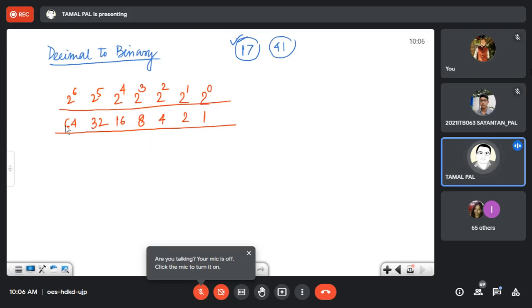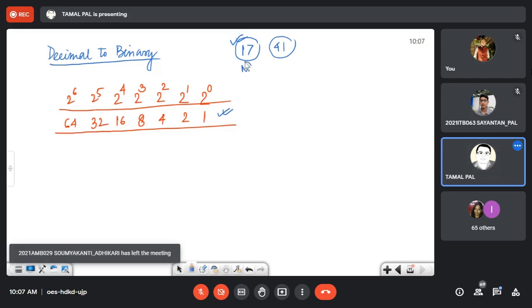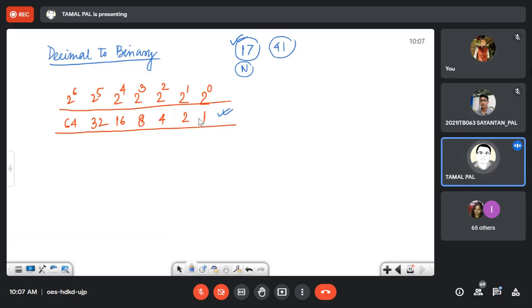Among these numbers, you have to choose a number which is less than or equal to the given number, but it should be the highest.